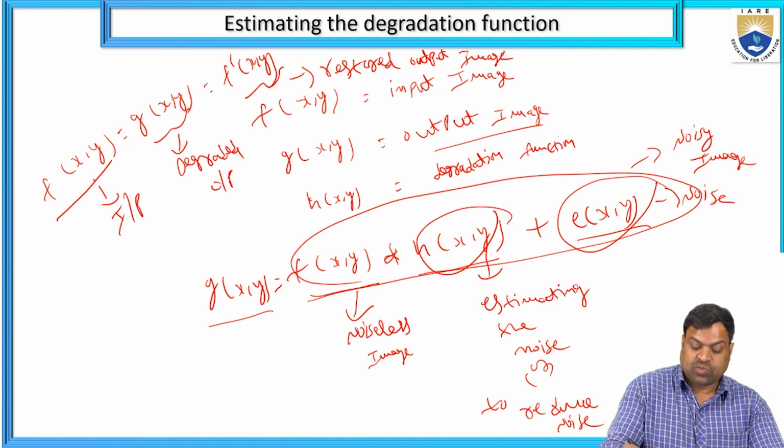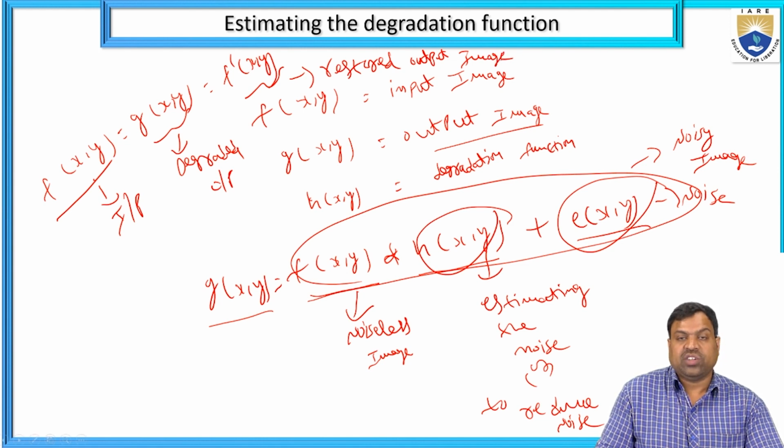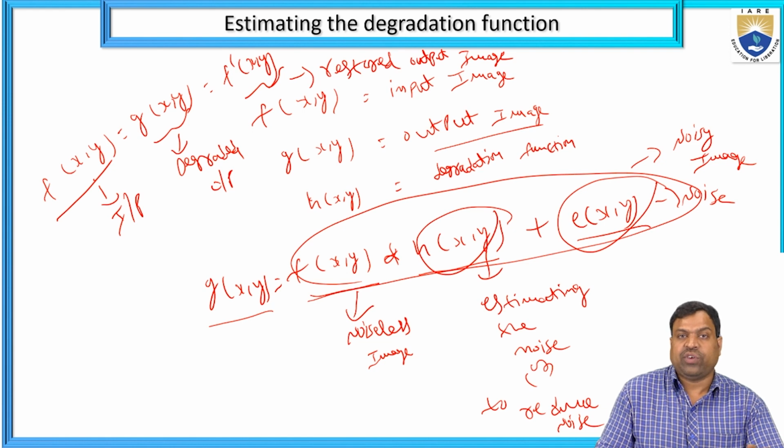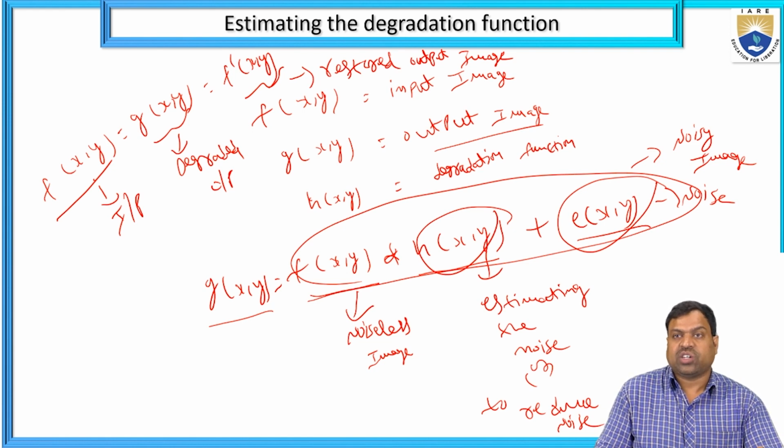So what happened first: f of x comma y is the input image with noiseless, g of x comma y is the degraded function with noise, and f dash of x comma y removes the noise from g of x comma y. That is a noiseless image that is restored.